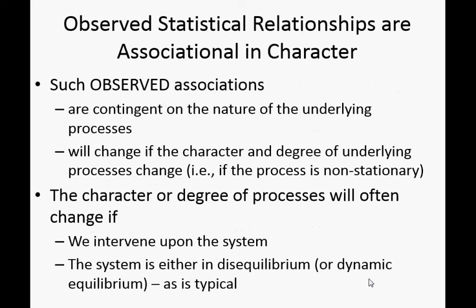So just be aware that when we're dealing with statistical models, we are dealing with associations that are observed between variables. And these associations are contingent on the underlying processes that give rise to them. And often these processes will change when we intervene upon a system.